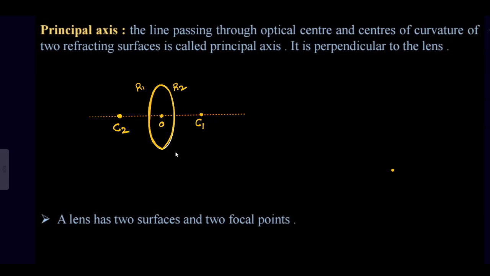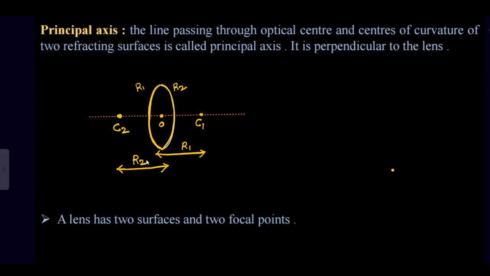Now, what does R1 mean? The distance from here to here. This distance is called R1. R2 is the distance from center C2 to this surface. This distance is the radius of curvature of the second surface, R2.